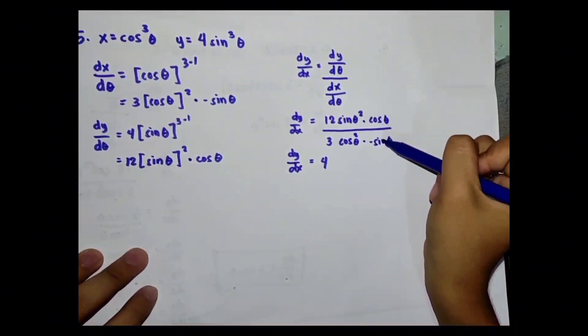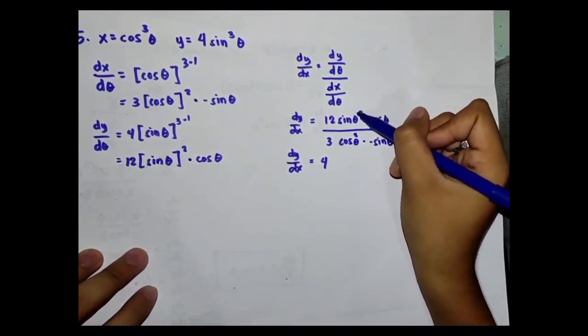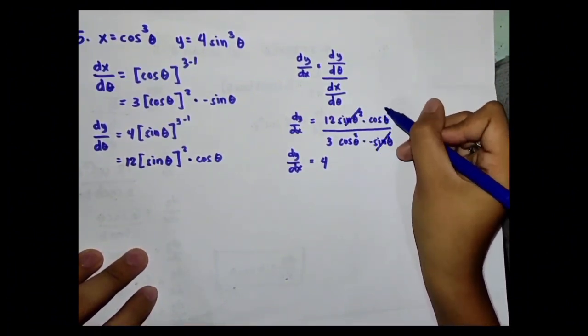Twelve divided by 3 equals 4. Then cancel sine theta and cos theta.